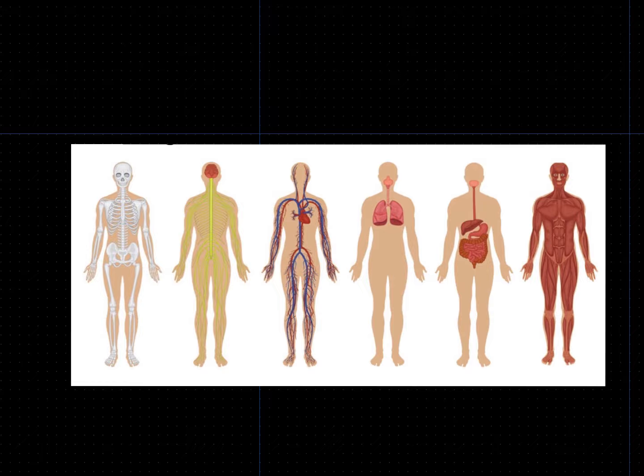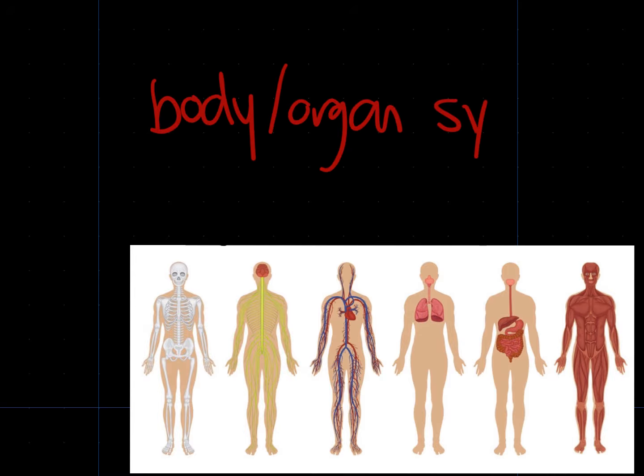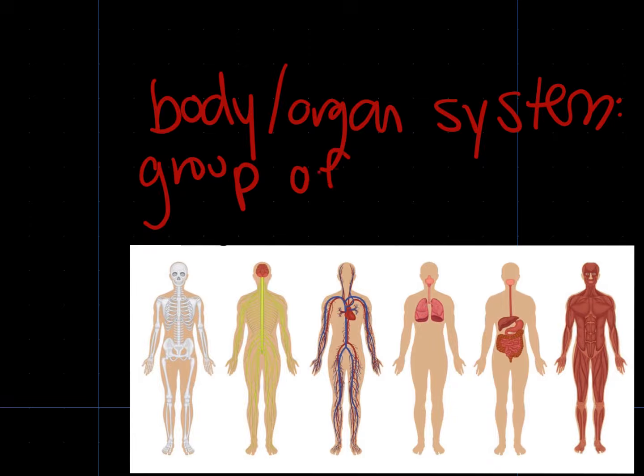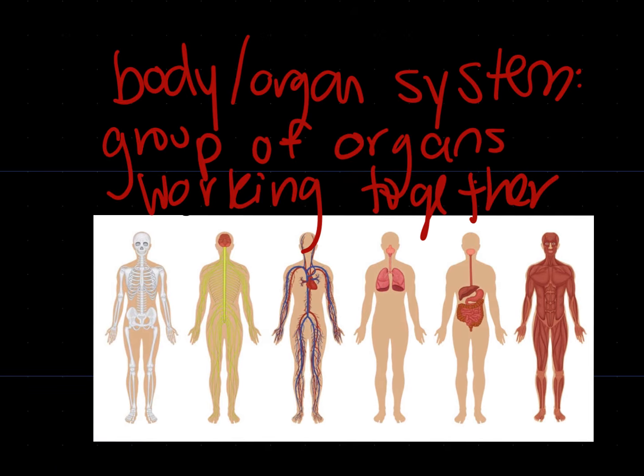So these are some of the systems in our body, and we call these body systems or organ systems. And that means they are a group of organs working together to do a complex function.